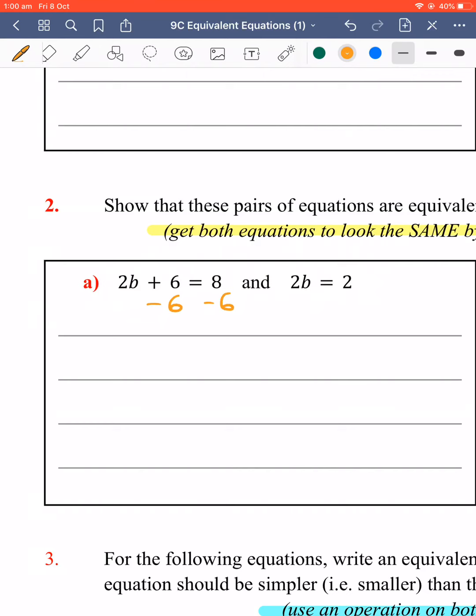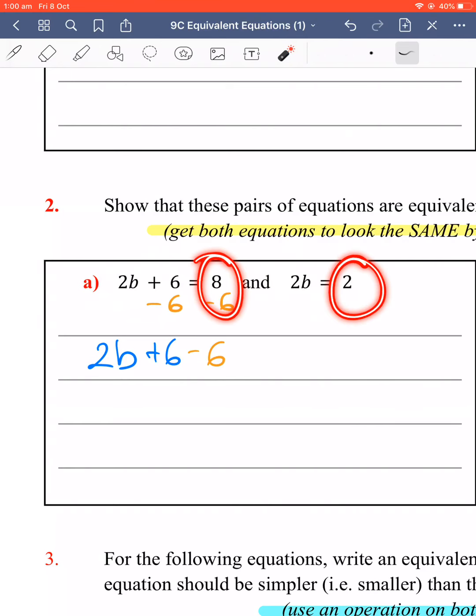And what I do to one side, I have to do the other. So let's double check that. So I've got 2b plus 6. And I've said that I want a minus 6 because I want to get essentially this side to look like this. And this side to look like this. So let's continue with this. I think we're on a good track.